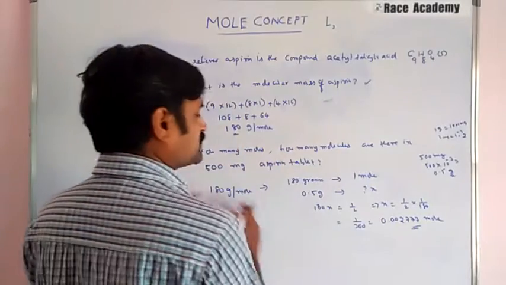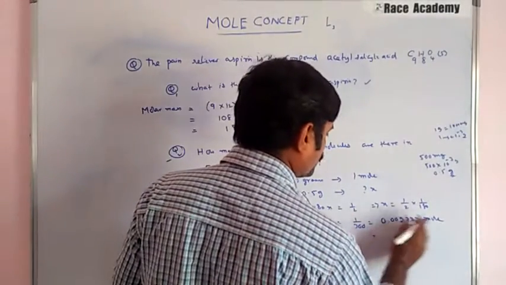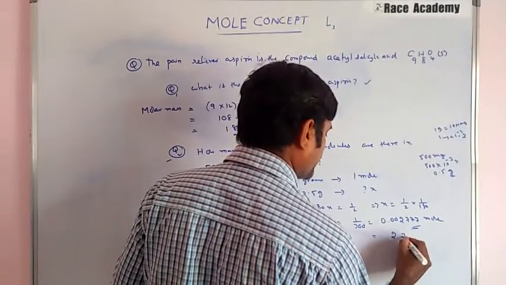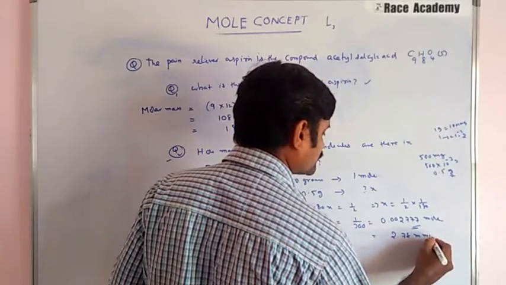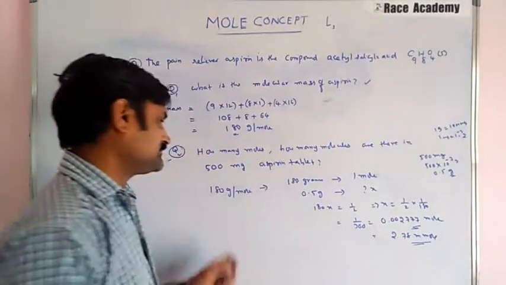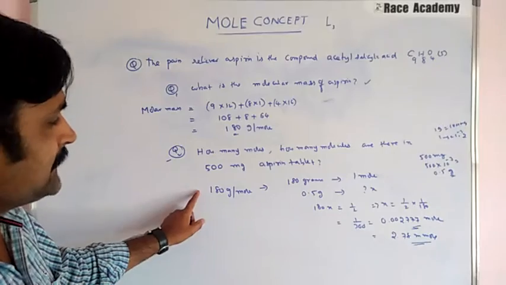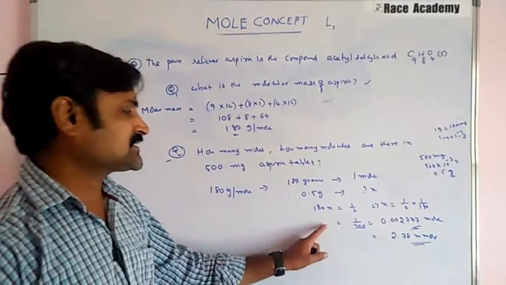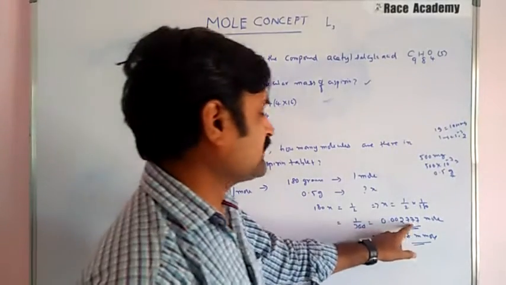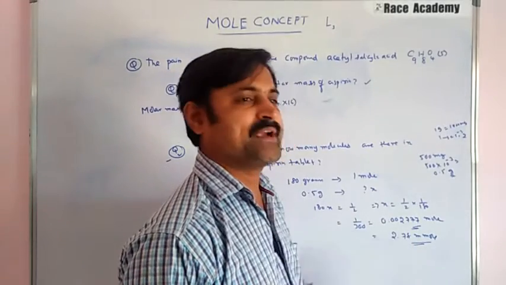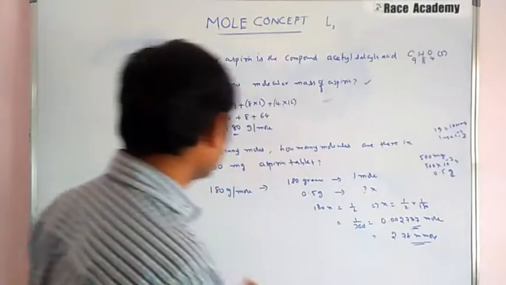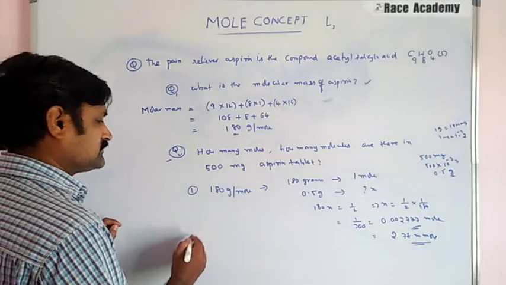If you want, you can convert this into millimoles also by writing 2.78 millimoles. So how many moles are there, as asked? Then you can write 0.00277 moles. Millimoles, if you convert, it will become 2.78. This is the first one.